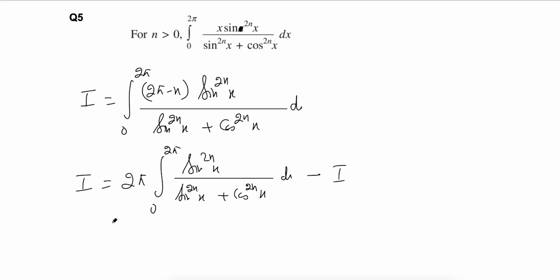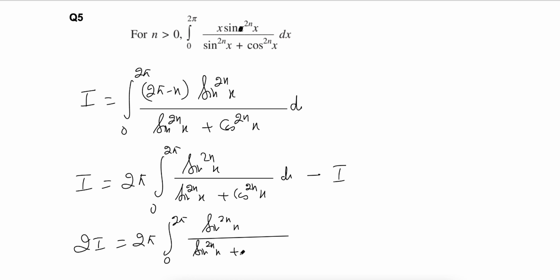This I will go this side. 2I is equal to 2 pi into, watch very carefully, 0 to 2 pi sine power 2n x divided by sine power 2n x plus cos power 2n x dx.